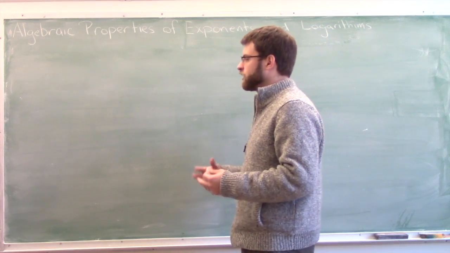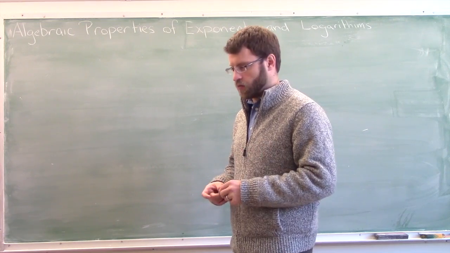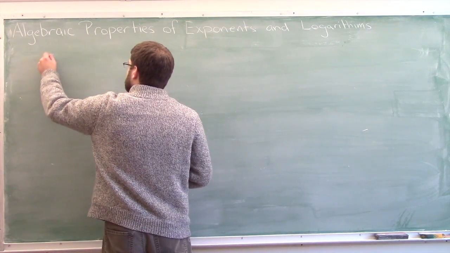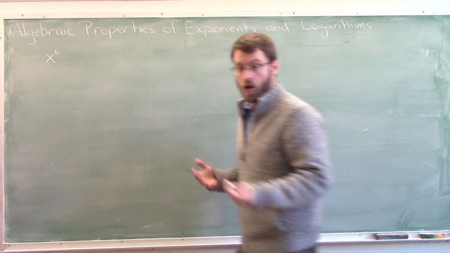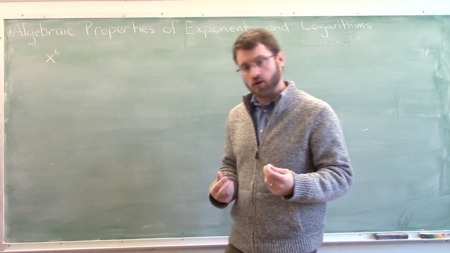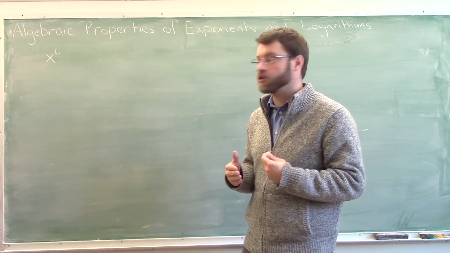So if I think about constructing a polynomial function or just a monomial function where I have x to some power, say I have x to the 6th power, all right? When we originally designed the exponent notation, we used it to track repeated multiplication.